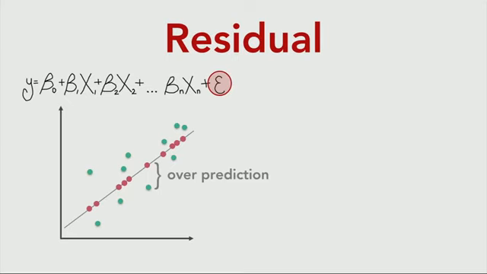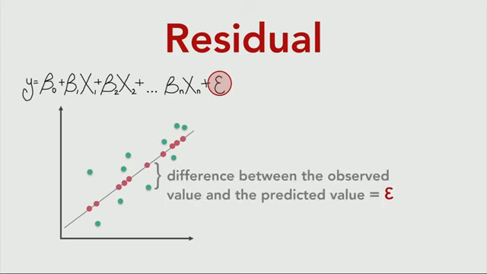So when the true value is less than the predicted value, we have an over-prediction. So our model predicted higher than our known value. And when the true value is more than what we've predicted on that line, we have an under-prediction. And these over and under predictions are really important because they represent what is not being explained in our model.